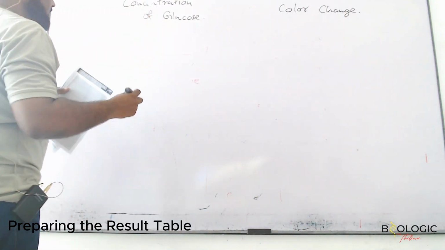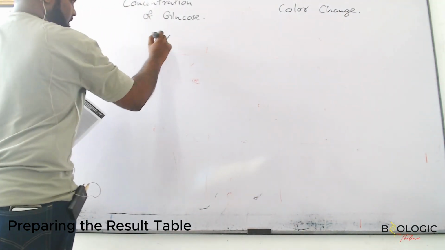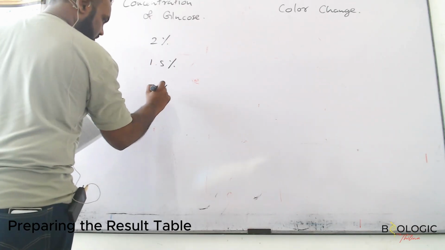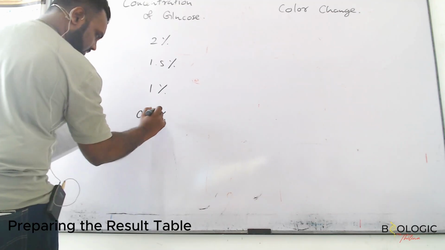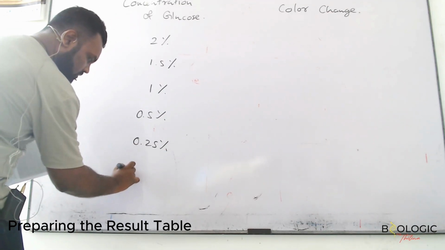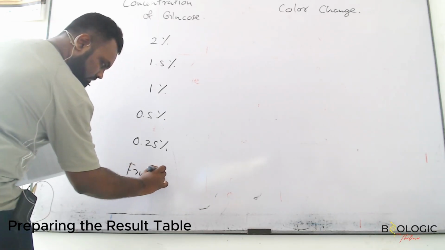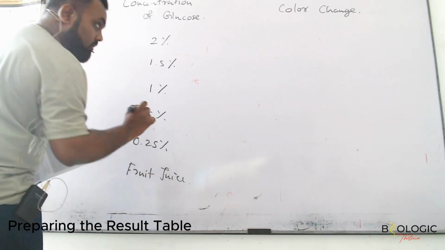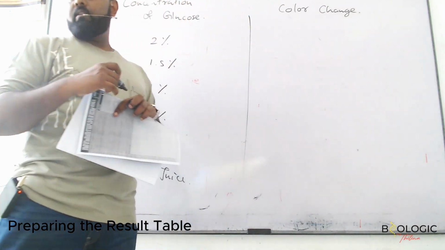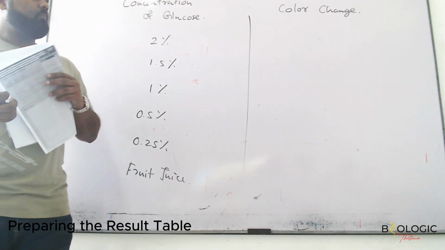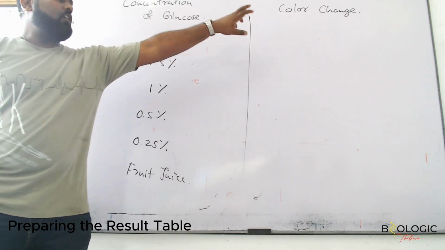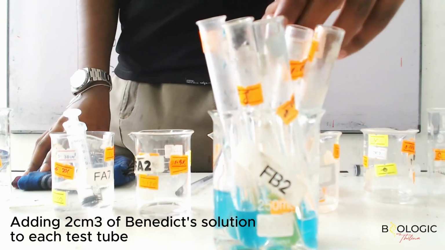So concentrations we have 2%, 1.5%, 1%, 0.5%, 0.25%, and one more fruit juice. And the color change you are going to write here. What is the color? But don't wait much time to measure the color change. As soon as you get out after 2 minutes, so you have to write what is the color change for each.